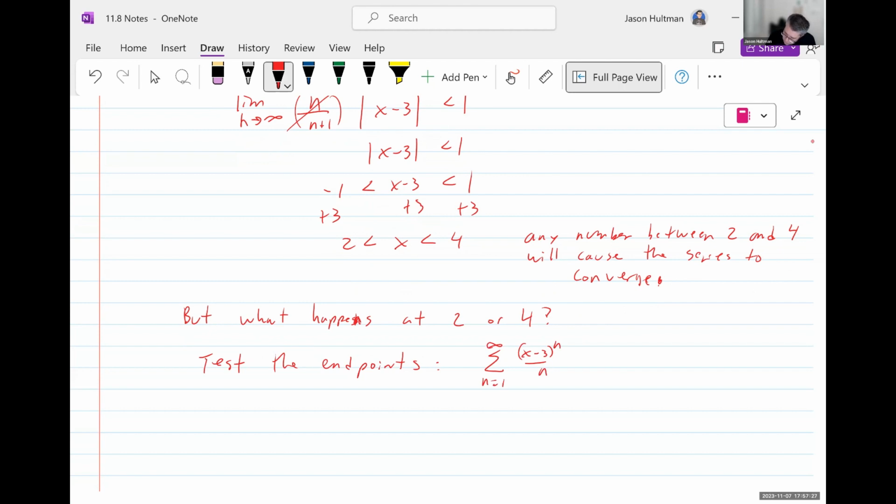For 2, when we plug in, we get (2 minus 3) to the nth over n, which is the series (-1) to the nth over n.